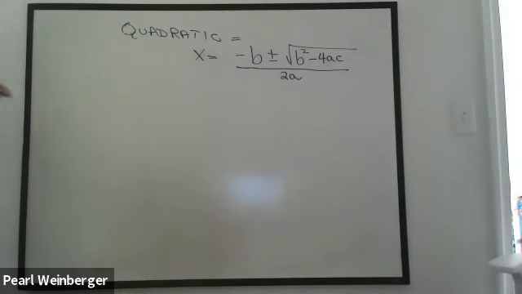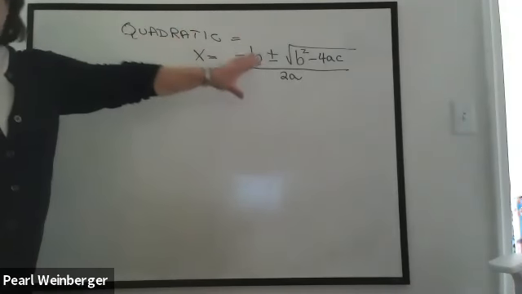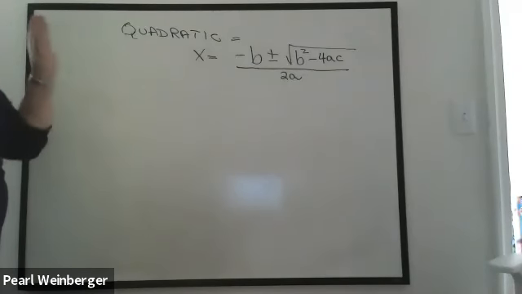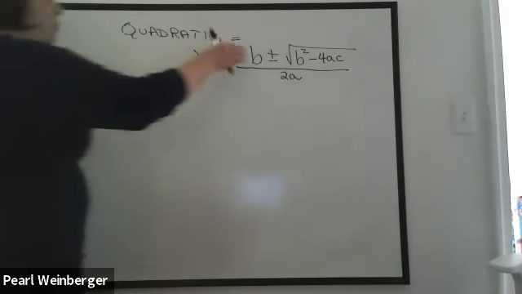As I said, I don't think we're going to have time to do that many examples, so we'll continue doing examples next time. But I'm going to show you how this formula is used and how it can be used to solve any quadratic equation. It's called the quadratic formula.